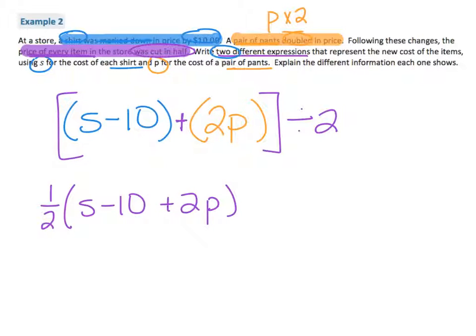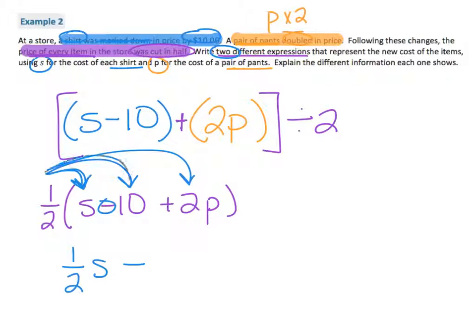So that's one expression. My second expression is going to be found by distributing 1/2 and multiplying. So 1/2 times S is just 1/2 S. Remember, smash them together. Then I have minus 1/2 times 10.